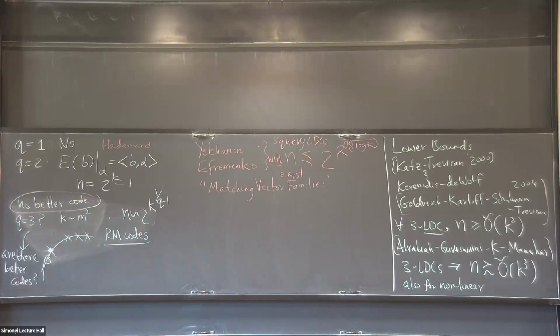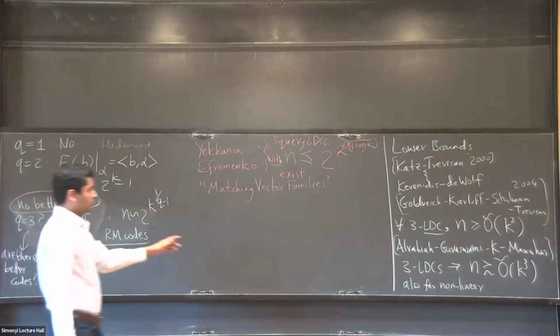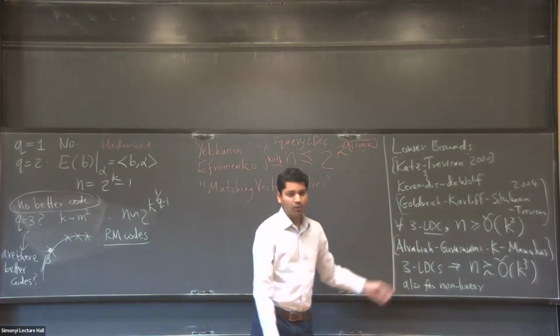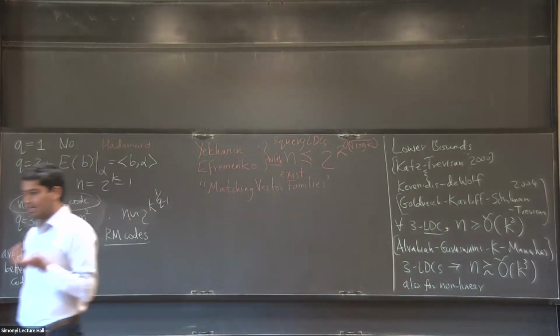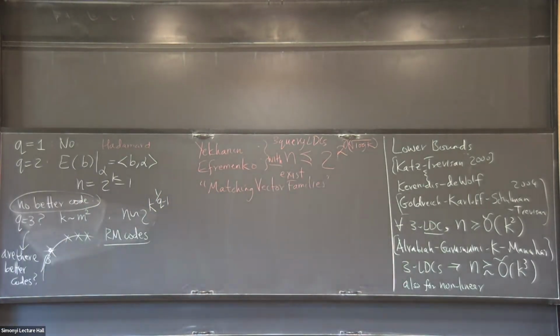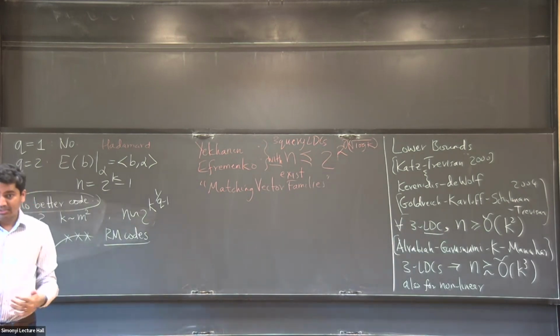So we can prove a slightly better lower bound for 3 LDCs. What should we do for 3 LCCs? There's a lot of work, and I'm not going to write all of it on the board. There's in fact work trying to characterize the limitations of the lower bound techniques.